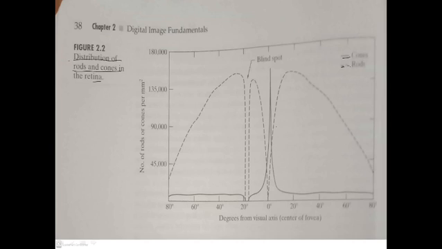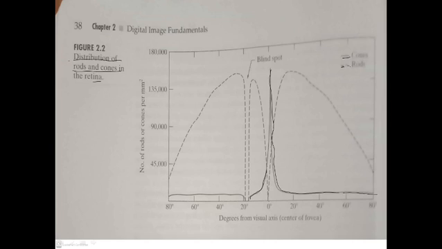At 0 degree, there is a major concentration of cones. It decreases gradually when you go away from the center. It has a very high concentration at the center, but it goes on decreasing as it goes away.